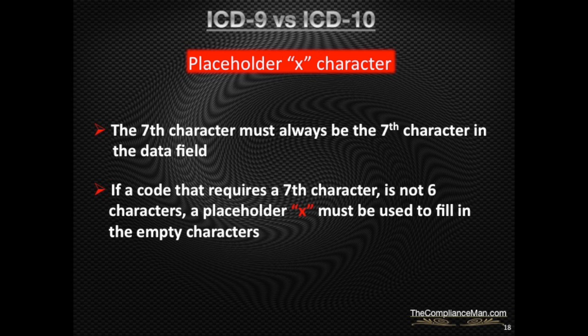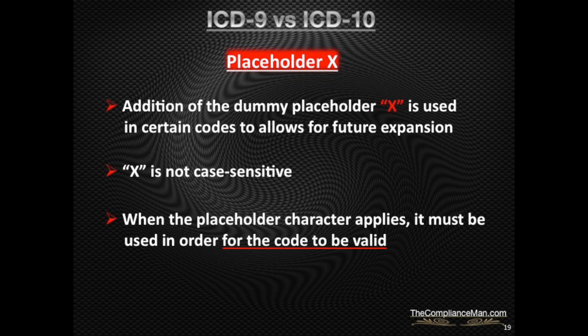What this means is that if a code requires a seventh character and it is not 6 characters in length, a placeholder X must be used to fill in the empty characters. So what I mean by this is that the placeholder X is really a dummy placeholder, and it's used in certain codes to allow for future expansion.